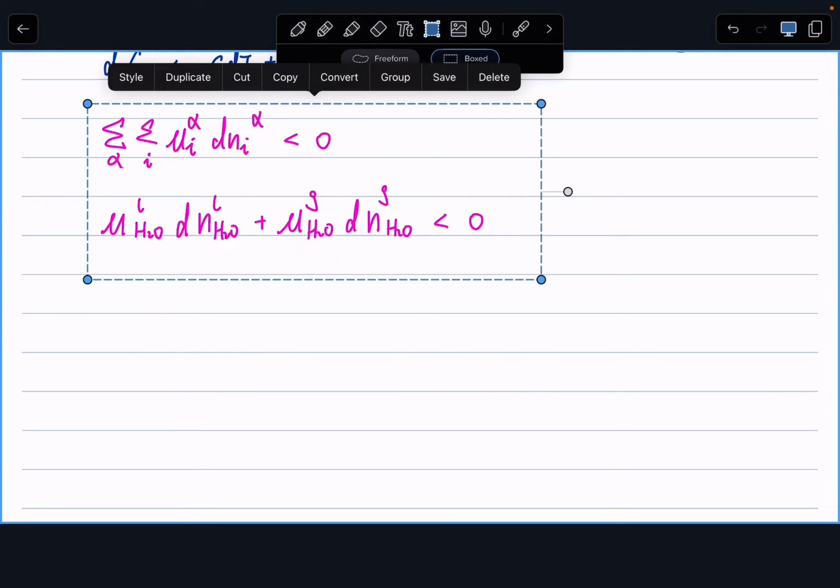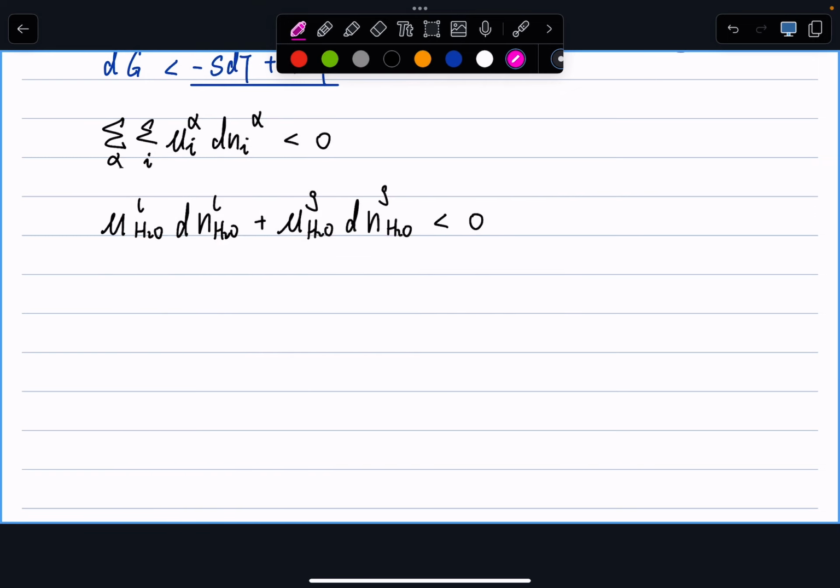Using the same logic that we did before, remember, we have liquid and we have gas. Now we have spontaneous flow from the liquid phase to gas.